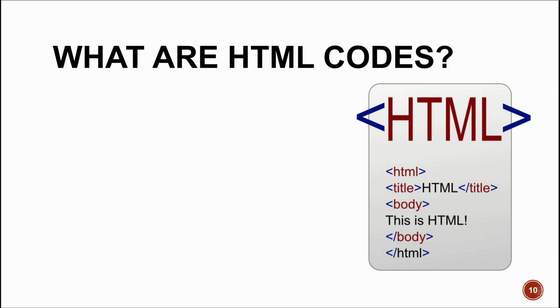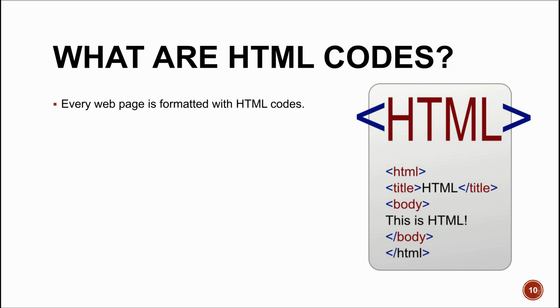Right, so HTML. What exactly is HTML? Now, every web page is formatted in HTML code. No matter how beautiful or how complicated or how simple the website is, there is always an element of HTML code written behind it. Very simple.